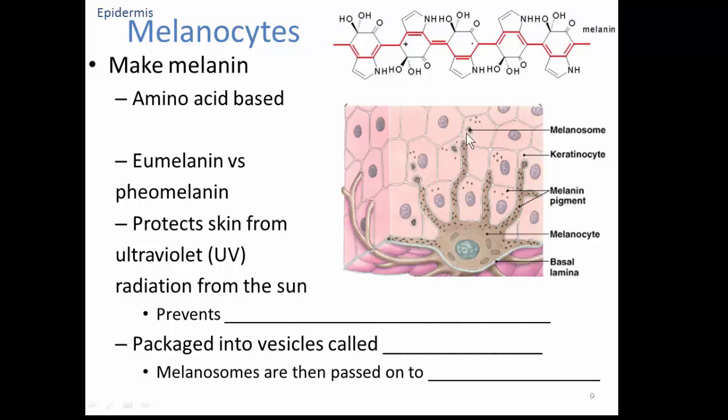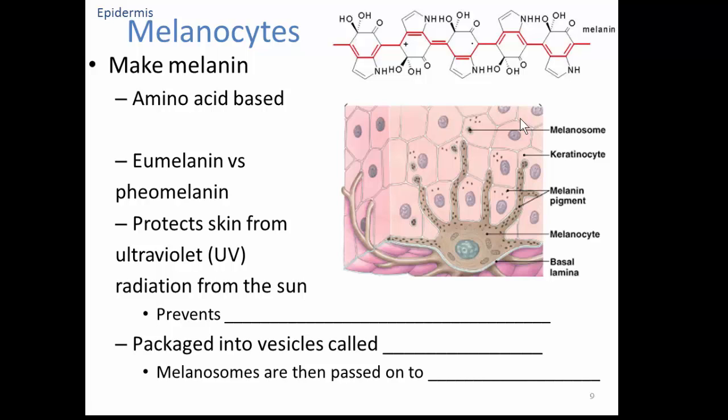It's basically a vesicle that's broken away from the melanocyte. And this vesicle, the melanosome, is transferred to the neighboring keratinocytes so that the melanocyte can actually share the protective melanin with its neighbors. So this is a rather nice and sharing kind of cell.